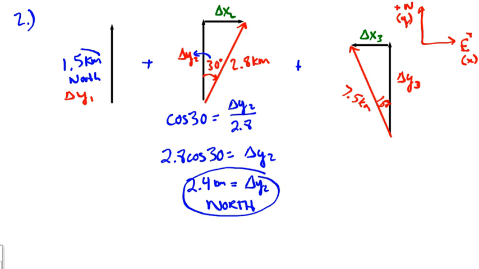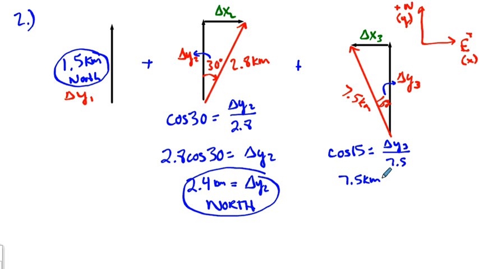2.4 towards the north, 1.5 towards the north, and let's also do this last one, the change in y. Again, the y direction is adjacent to the angle, so we're going to deal with cosine again. It's equal to change in y3 over 7.5.